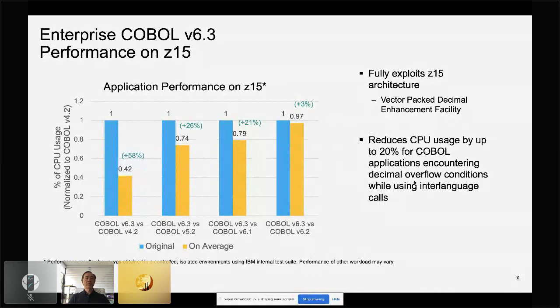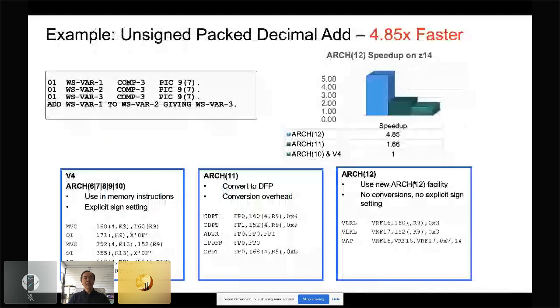So I want to give you an example of what I was talking about, right? If you look at this COBOL code, which is very simple, it's just adding two numbers to give you another number, and if you look at this PIC 9, it is really zoned decimal arithmetic.